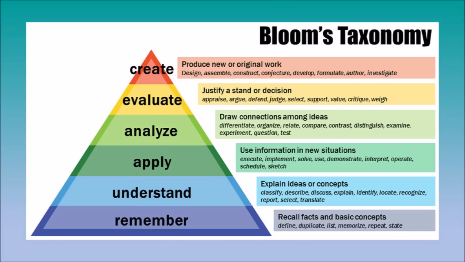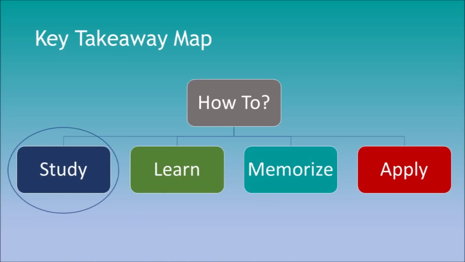The key point here is that the world has moved past the rote memorization and regurgitation age. Rather, we are acquiring knowledge to apply in daily life and to create solutions for everyday problems. Now we'll go over strategies on how to effectively and efficiently study and acquire information.